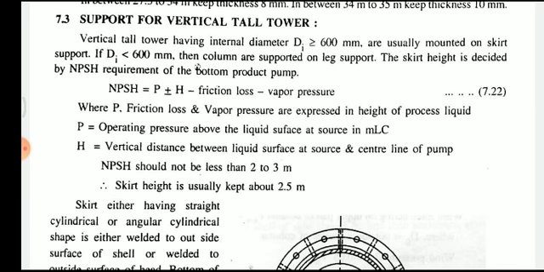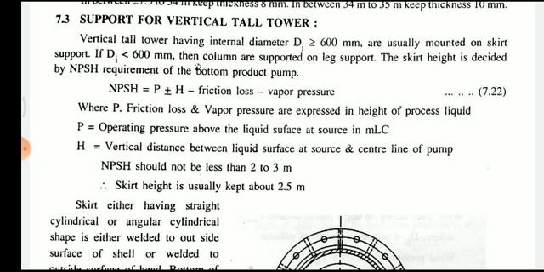The skirt height is decided by the NPSH, the net positive suction head, required by the bottom product pump. NPSH is given by pressure plus or minus H minus friction loss minus vapor pressure, where P, friction loss and vapor pressure are expressed in height of process liquid.